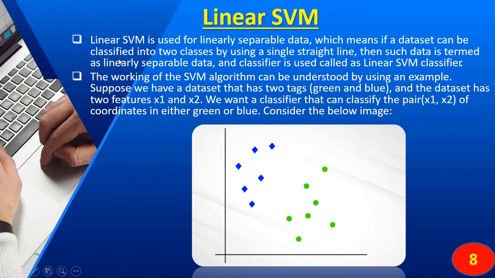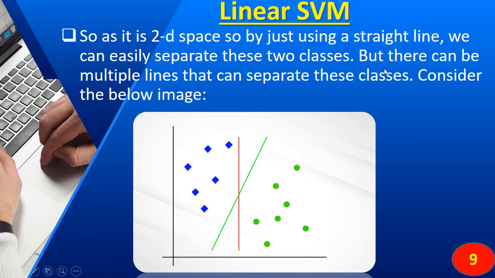Linear SVM. Linear SVM is used for linearly separable data, which means if a dataset can be classified into two classes by using a single straight line, then such data is termed as linearly separable data and the classifier used is called a linear SVM classifier.